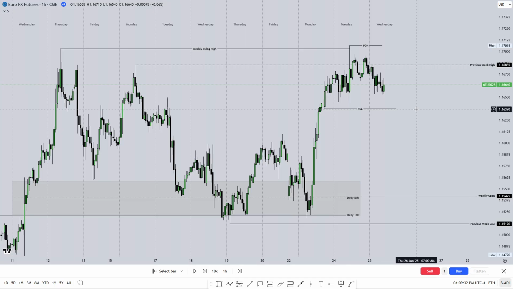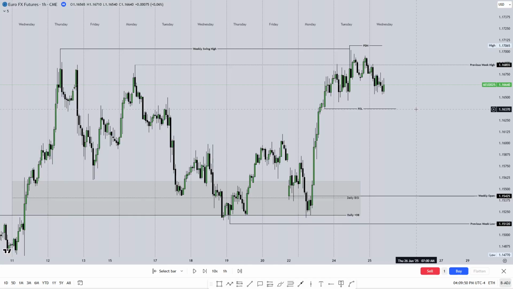So I use these areas as draws on liquidity and for where a trade can originate from based on time. I am marking out my previous week high, my previous week low, the previous day high and low of the last 3 days.